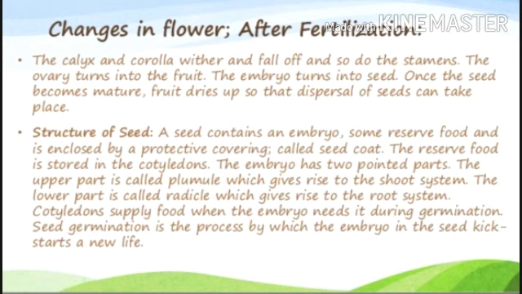A seed contains an embryo and some reserve food that is enclosed by a protective covering known as seed coat. And the reserve food is stored in the cotyledons. The embryo has two pointed parts. The upper part is called plumule, which gives rise to the shoot system, and the lower part is called radicle, which gives rise to the root system.